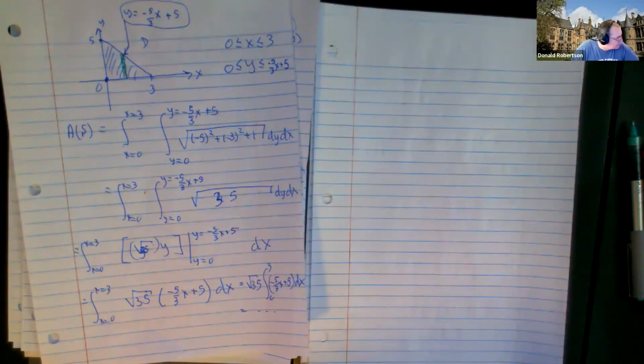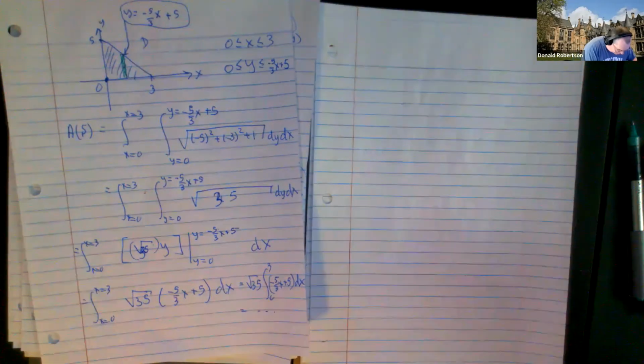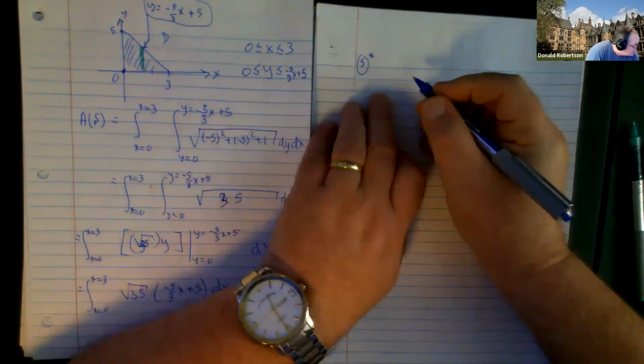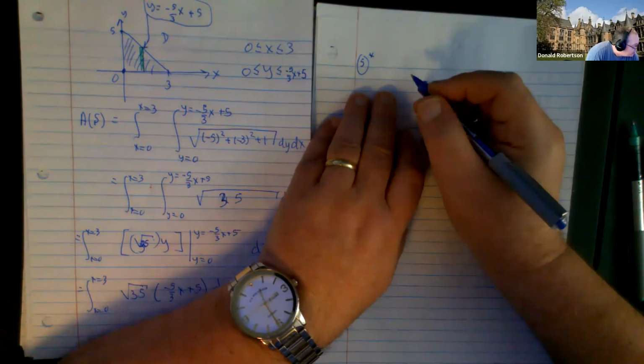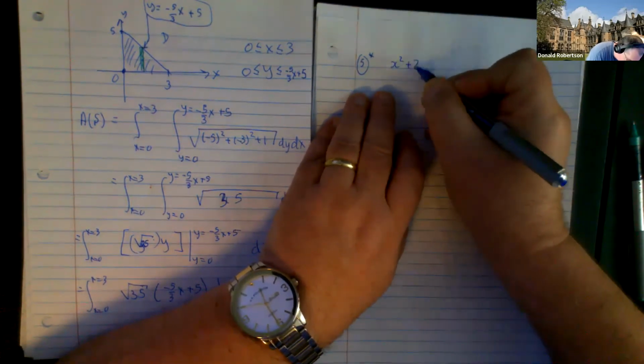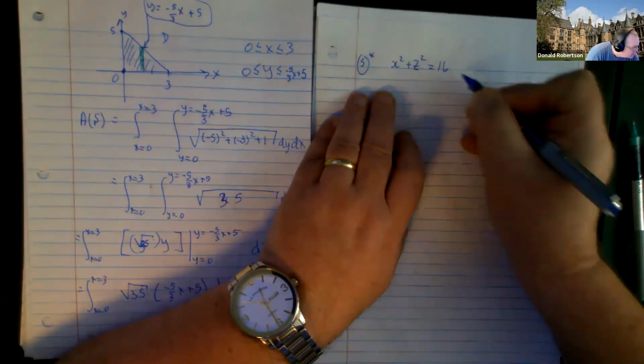Where shall I go with the next one? Jump to 5. We are being asked to find the area of the surface that is part of a cylinder, x² + z² = 16.